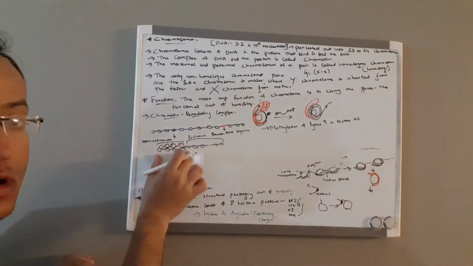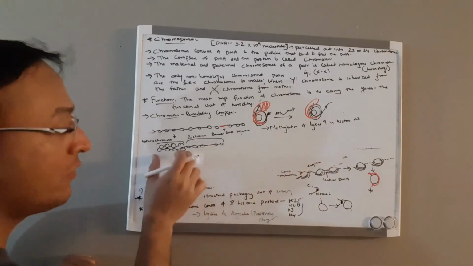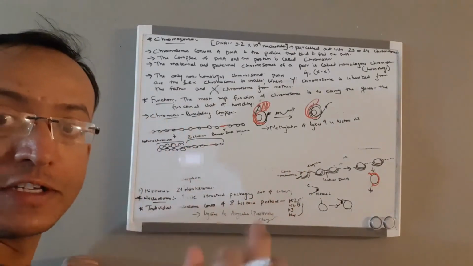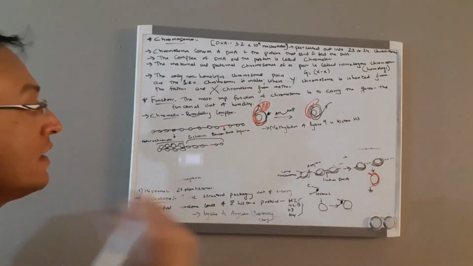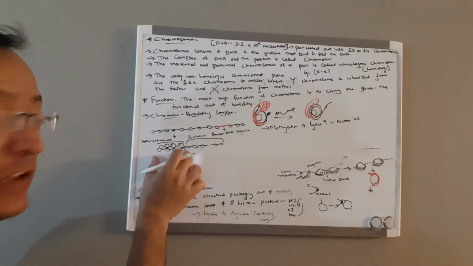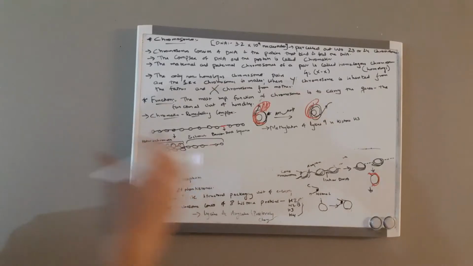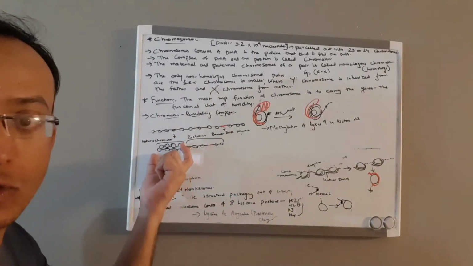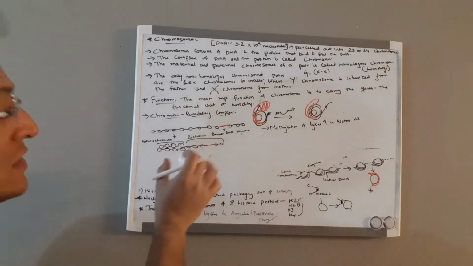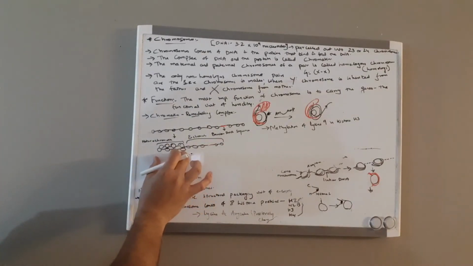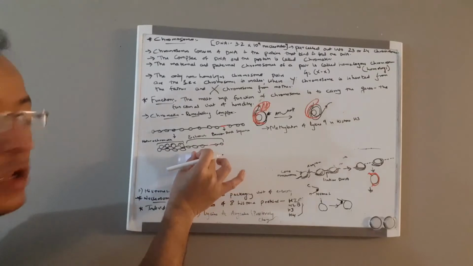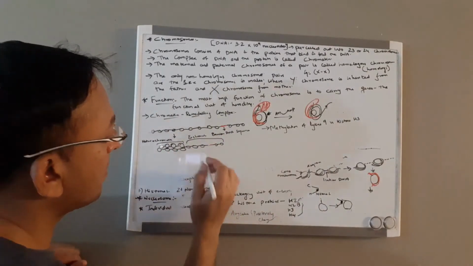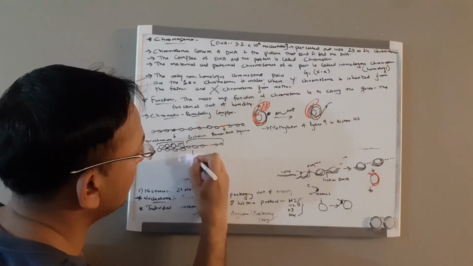Because this histone tail modification attracts a set of heterochromatin specific proteins, including histone modifying enzymes as well, which can create the same modification on the adjacent nucleosome. So once they start, I'll show you.